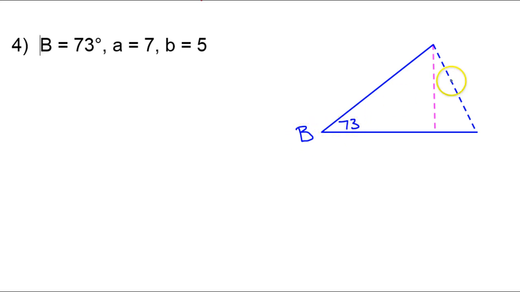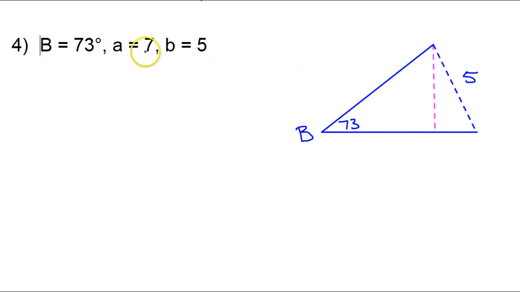If this is angle B, that makes this side B, so I'm going to take that 5 and put it here. Now, if this turns out to be the ambiguous case, then this is going to be my variable side, my swing side. That's why I made it dotted, because we don't know. It might be here, it could be here, or it might not exist at all.